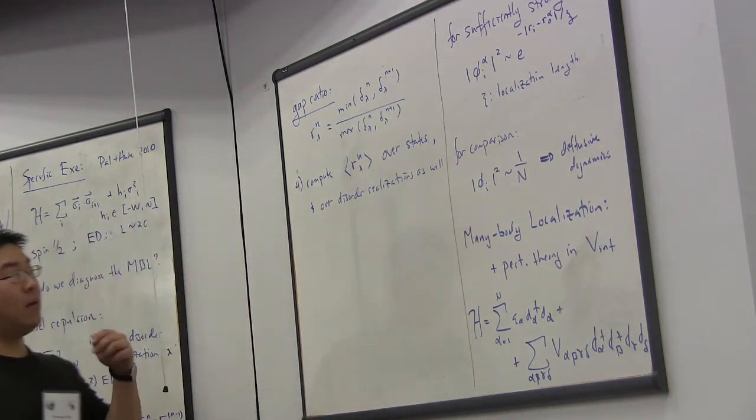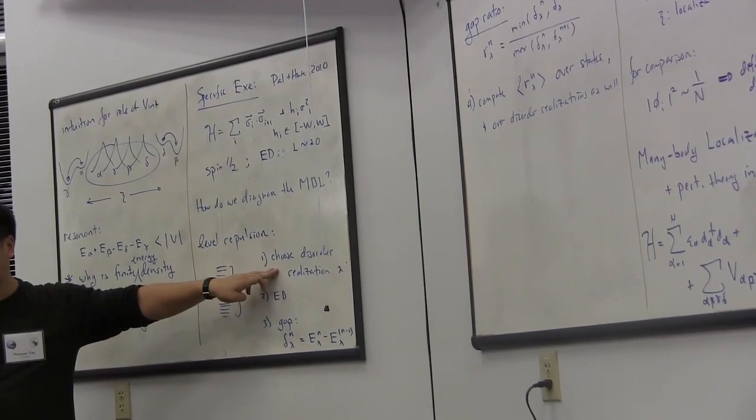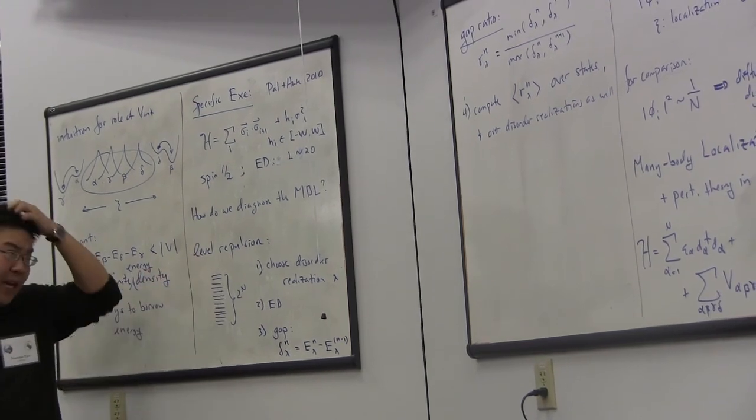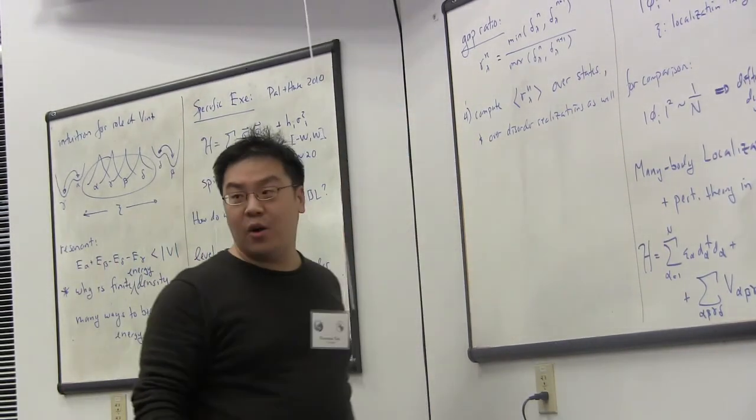Okay? So you compute the average of this ratio over all of the states within your single disorder realization, and then you pick a new disorder realization, and you do the same thing, you average this over and over.